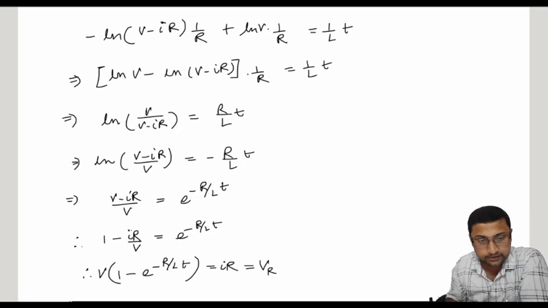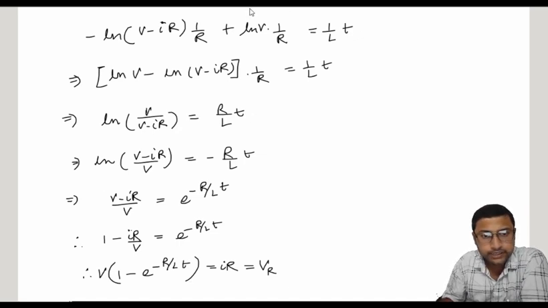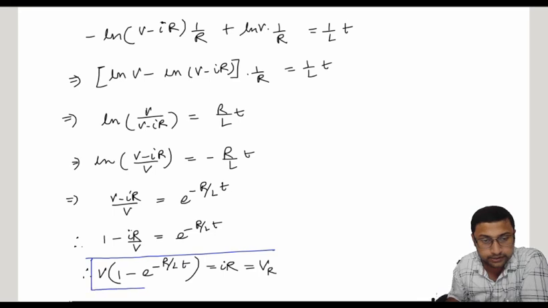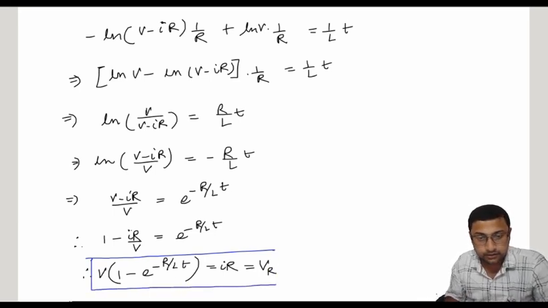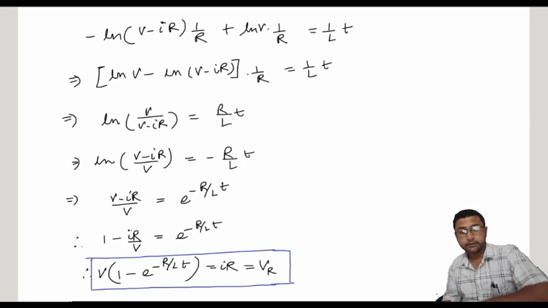This is one type of the equation. V suffix R, the voltage across the resistance, will be V into (1 minus e to the power minus R by L into t).